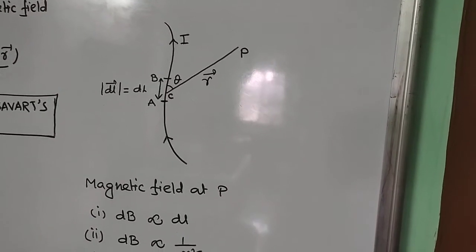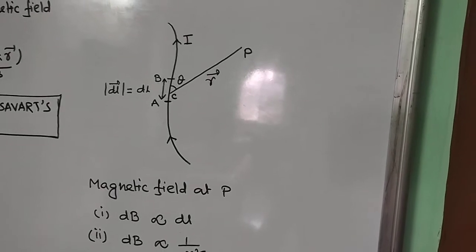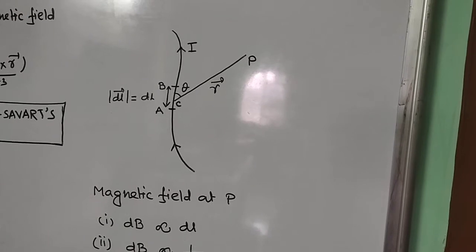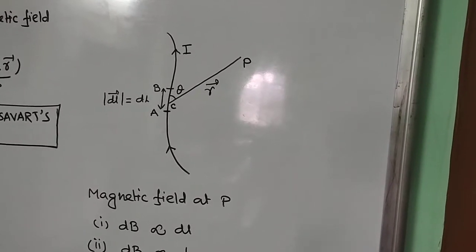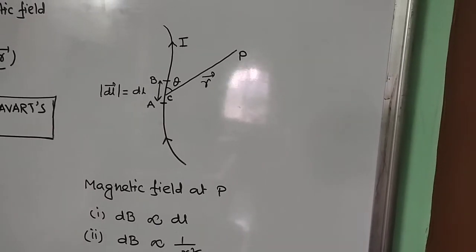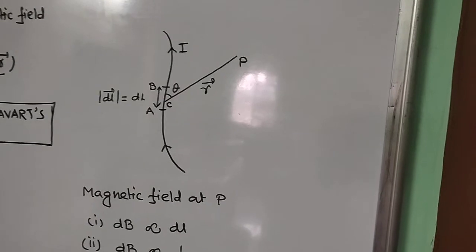So if you consider a larger length of the current carrying element, then the strength of the magnetic field will be more. So this is very common. If you take the longer current carrying element, the strength of the magnetic field will be high. So dB is proportional to dl. dl is nothing but a section of the current carrying wire, and here we have defined that one by AB.